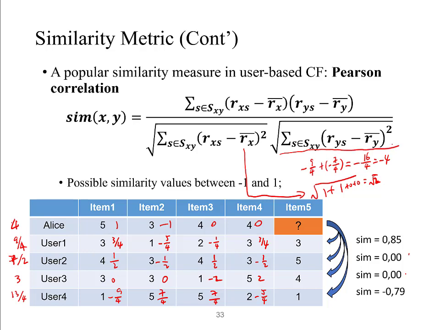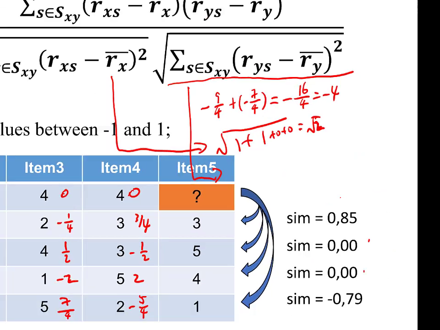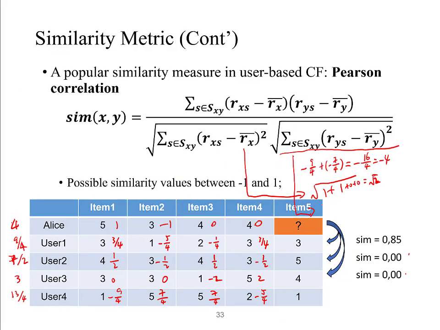And for this part, we compute it here. It would be the square root of 81 plus 49 plus 25.